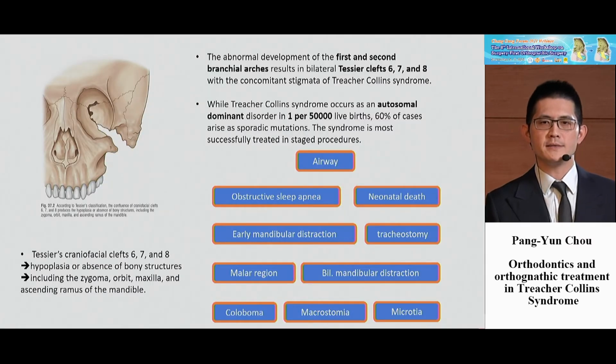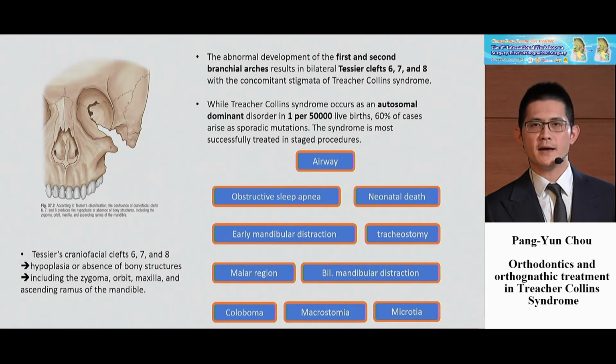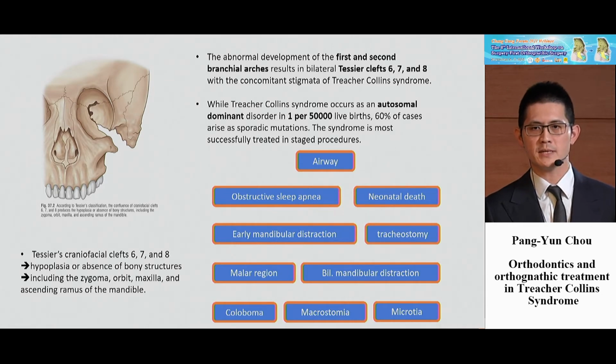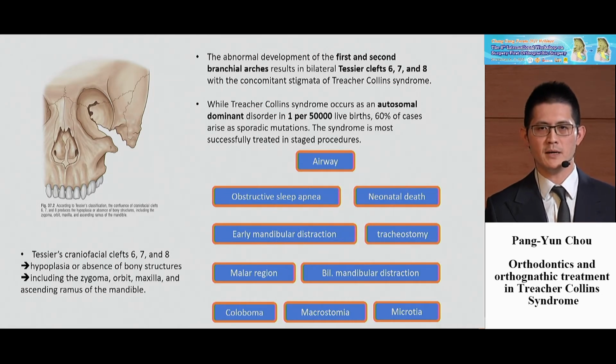In the Neligan textbook, it is shown that once the baby is born, the very first thing is to take care of the airway. That means once the patient is born, or on sonographic examination, the pediatric or emergency staff should be on standby to secure it. Probably very severe obstructive sleep apnea will occur, and that emergency can lead to neonatal death.